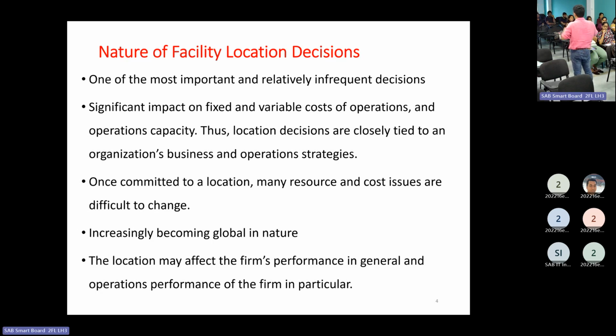So they try at least to export or locate in nearby countries and operate from there, so that they're not operating from one place, one country. They have to find locations in different countries, different regions to compete better with other businesses. So in a way, location decisions have now become global for most of the industry.